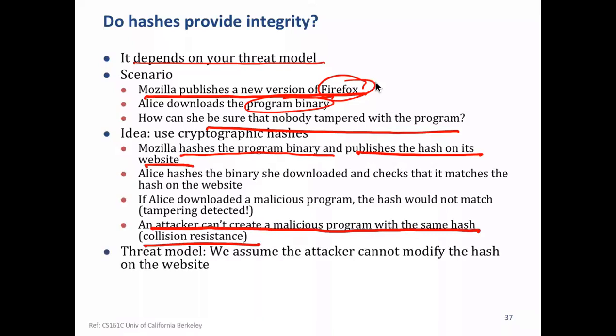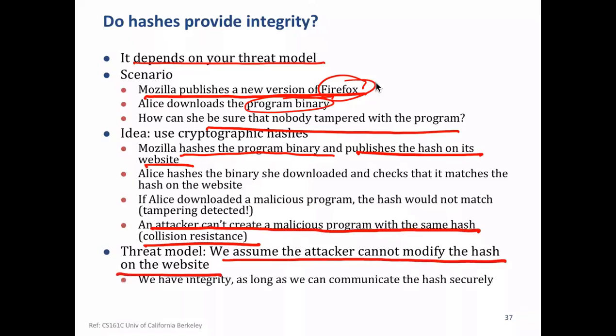Because the threat model here assumes that the attacker cannot modify the hash value on the website. So the message is that we have integrity as long as we can communicate the hash securely.